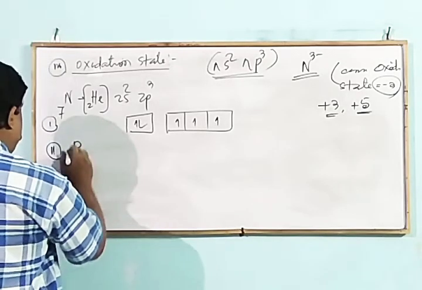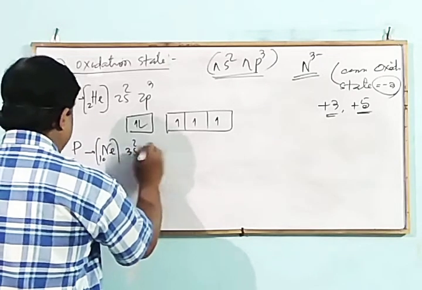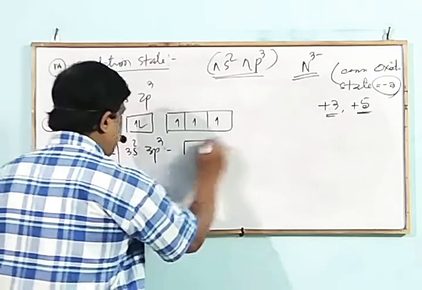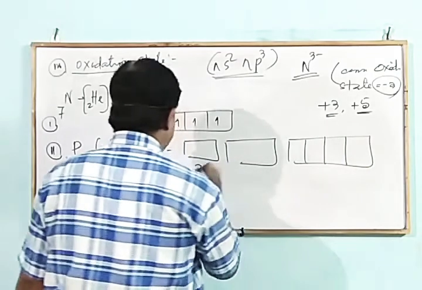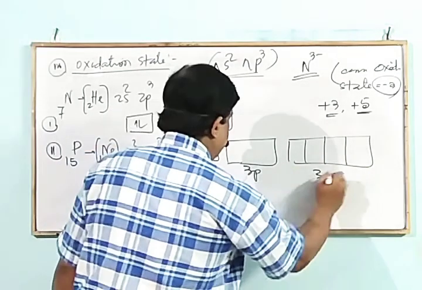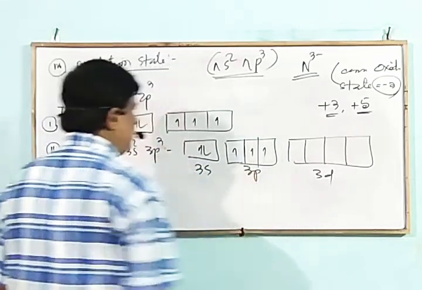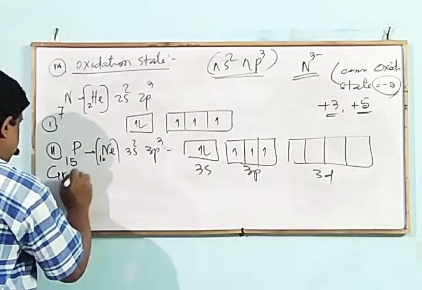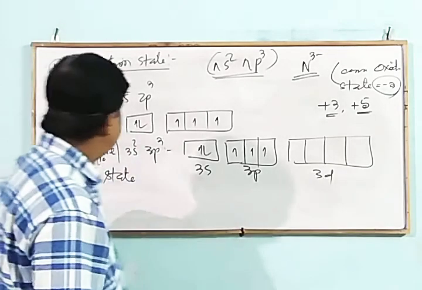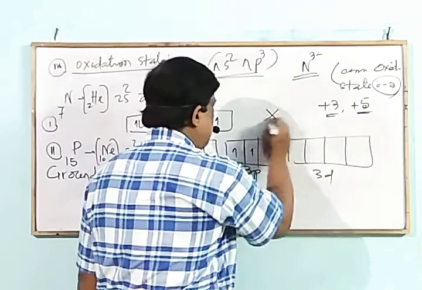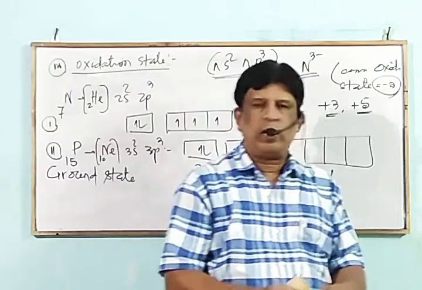Beside nitrogen, there is phosphorus, neon 3s2 3p3, box-like diagram, 3s, 3p, 3d. It is in ground state. As there is an absence of d orbitals, excitation is not possible. So nitrogen is normally not able to exhibit positive oxidation states.